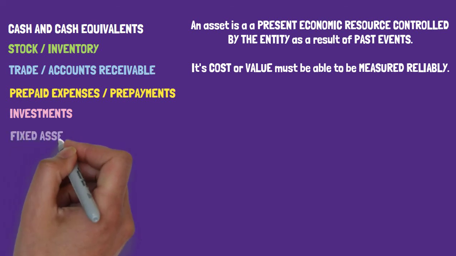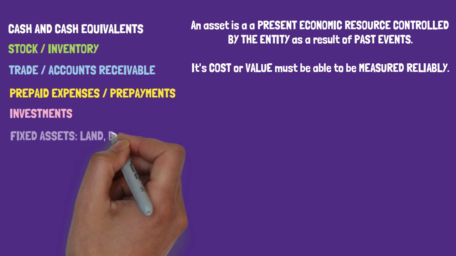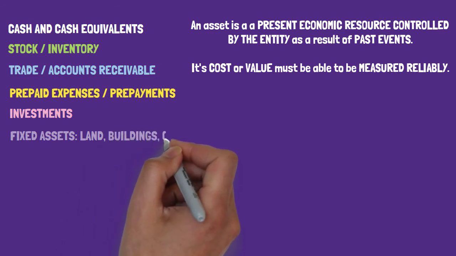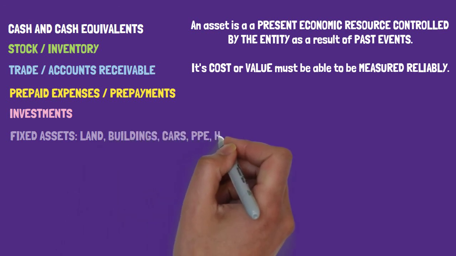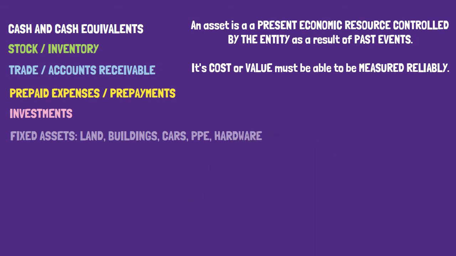Okay. We then have fixed assets. Fixed assets such as land or buildings or cars or PPE or hardware, plants and equipment. These are mainly used to enhance the value of other assets or to help a company create a service or a good themselves, rather than being the good or the service in its own right.